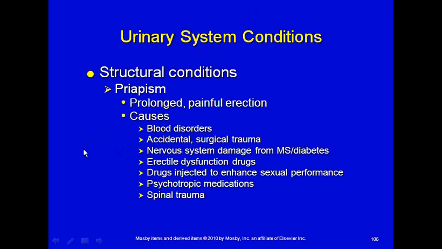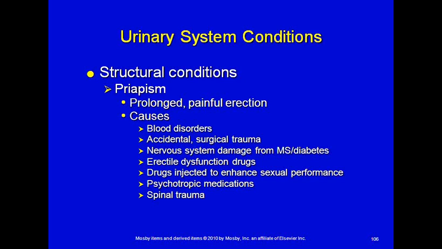Priapism is a prolonged painful erection that can be caused by blood disorders. It can be caused by accidental surgical trauma, particularly in patients having prostate surgery. It can be caused by nervous system damage from multiple sclerosis or from diabetes. Erectile dysfunction drugs can lead to priapism as well.